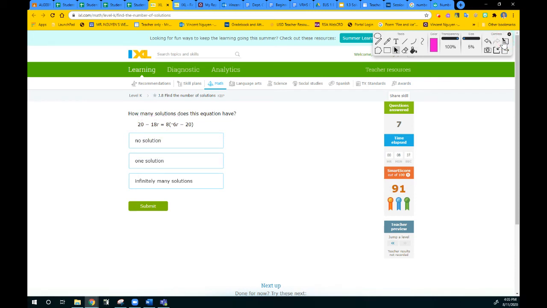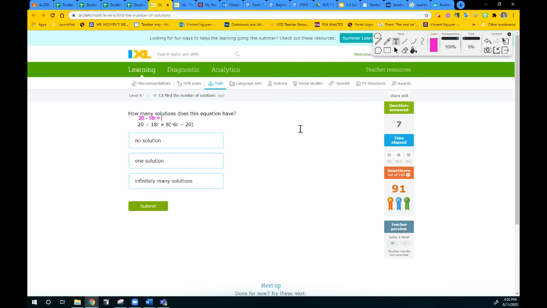Very cool. And let's do this one. How many solutions? So this one, we do have to work it all the way out. So this side, we can't really do anything with it right now. So I'm just going to work on the right-hand side. So this stays the same: 18R equals the right-hand side.